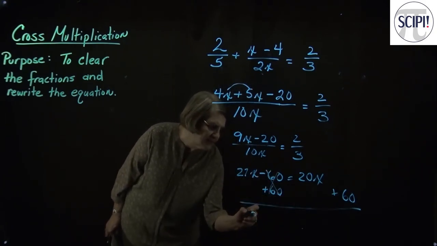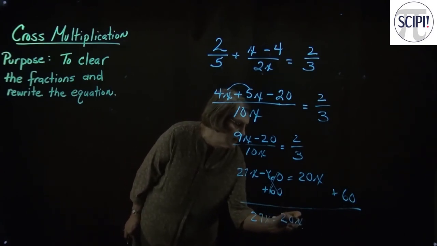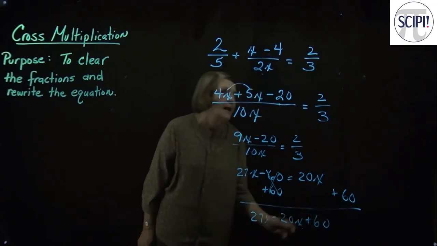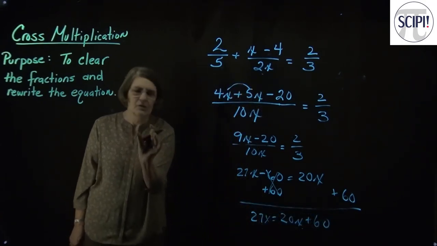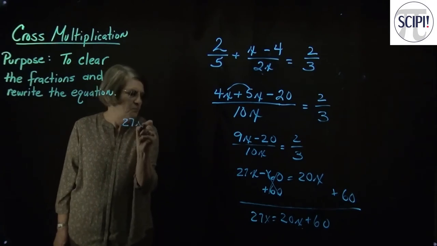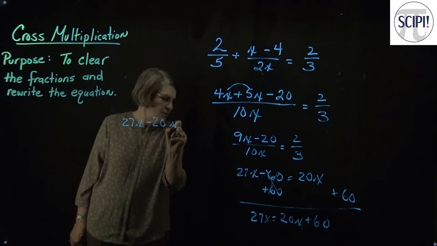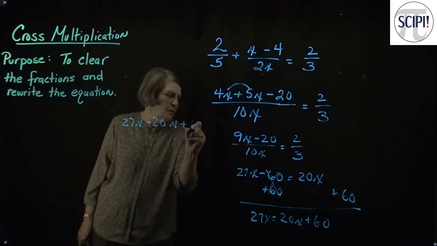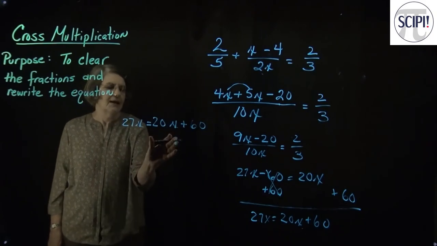So we have 27x equals 20x plus 60. I'm going to have to go over here. So let me rewrite that. It just goes to show that the boards are not always big enough.